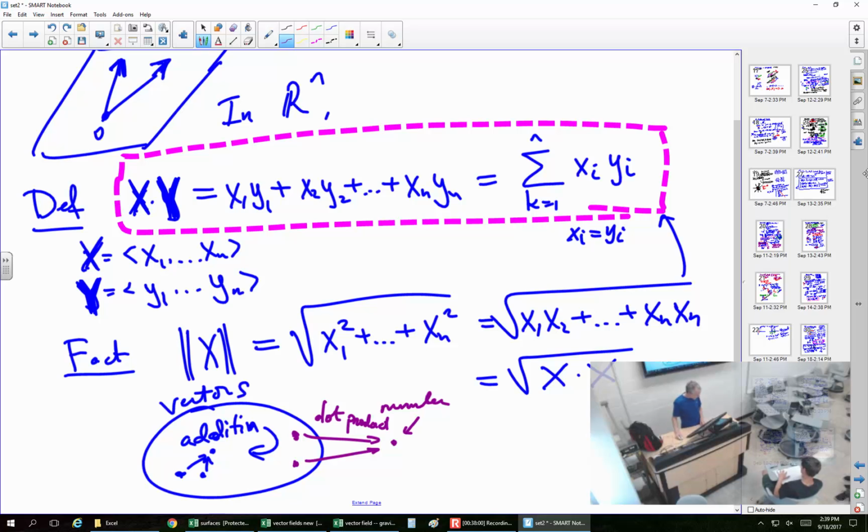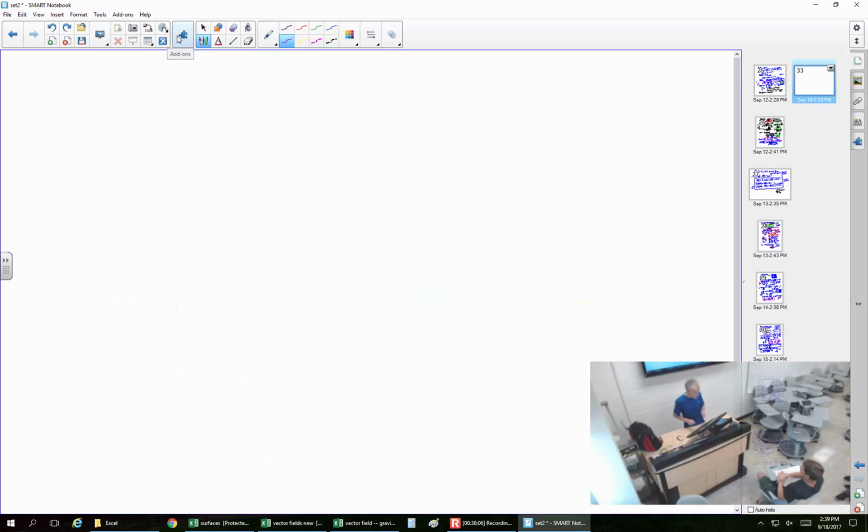Okay. So properties. Just like with vector operations, or vector algebra, I don't want to call this vector algebra, even though it involves taking 2 vectors and putting them together, because the output is a number, that doesn't quite fit into what we have been doing. So properties.